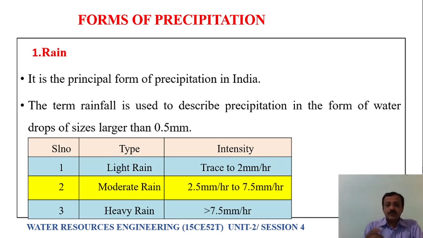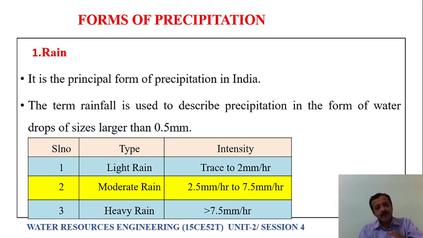Rainfall intensity is nothing but the depth of rainfall collected on the earth's surface in unit time. How much depth of rainfall is collected on the earth's surface without considering the infiltration?